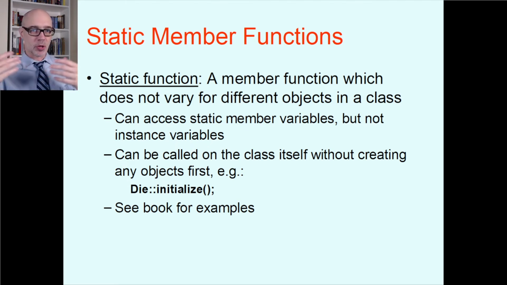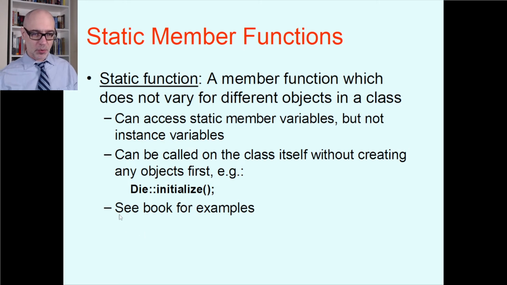Do you want the member variable for rectangle 1 or rectangle 2 or rectangle 3? Which one is it? Because there's only one version of this function if it's static, and now I don't know which object you're talking about. So that just doesn't make sense, and that's impossible. So static functions, things that don't need to rely on the member data because you have the perspective of being in the class instead of one of the objects.